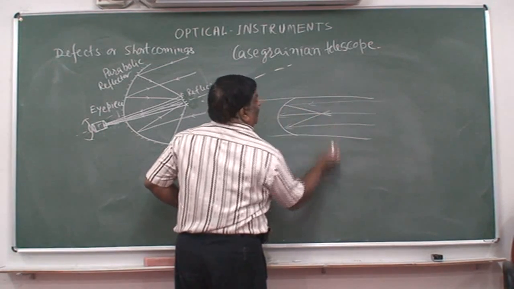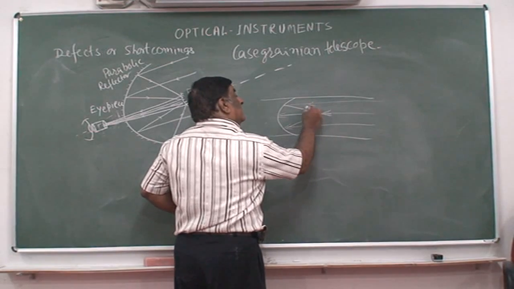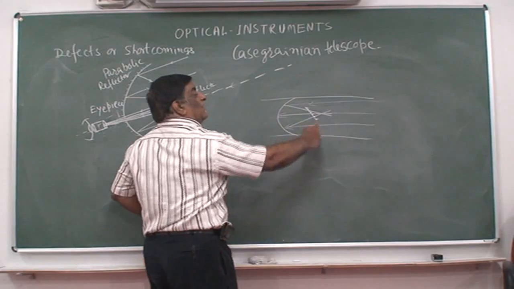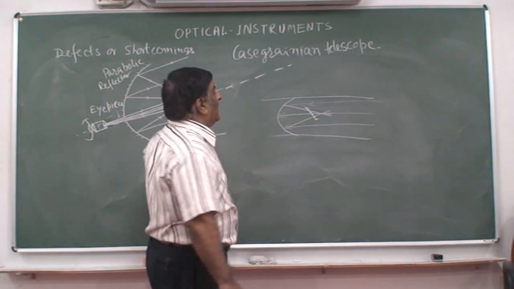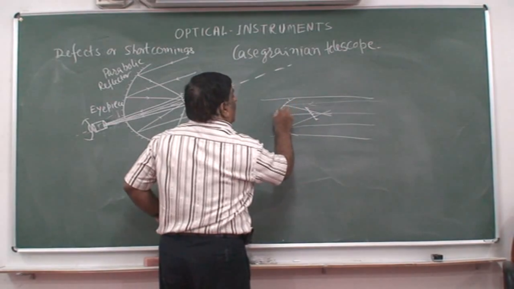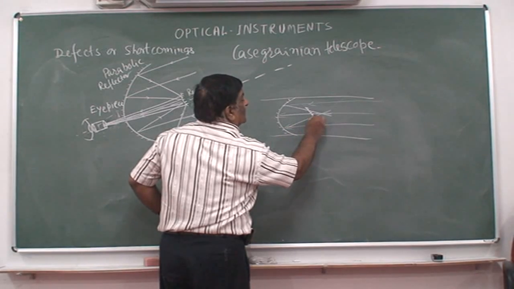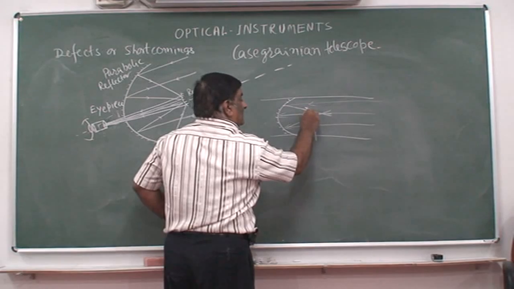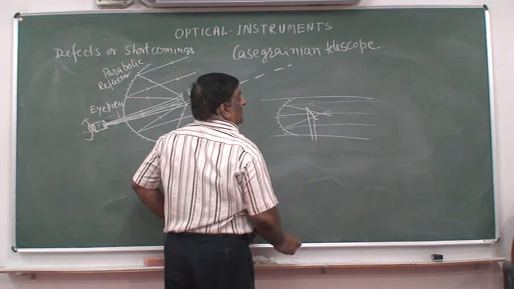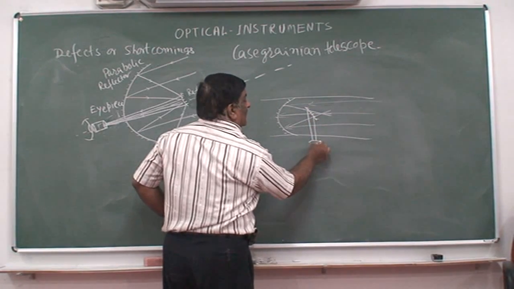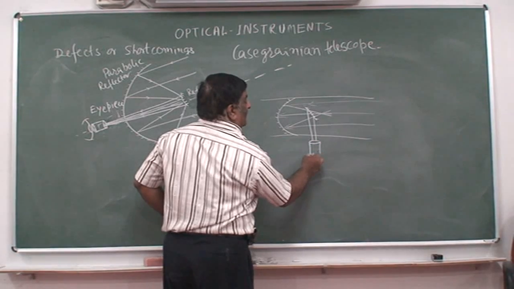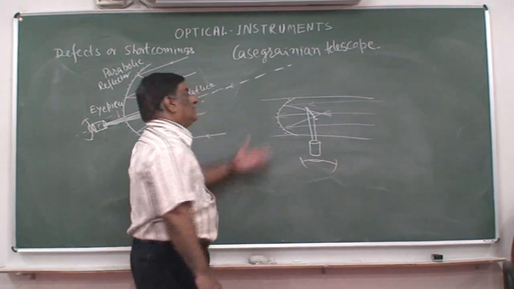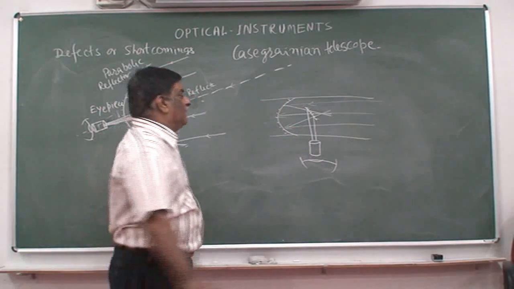When it is reflected back, he put a plane mirror here. Plane mirror at 45 degree. If it is a plane mirror at 45 degree, then what will happen? These rays will be reflected by 90 degree here. Then he put a prismatic eyepiece here and observed from here. This is the only difference he made.